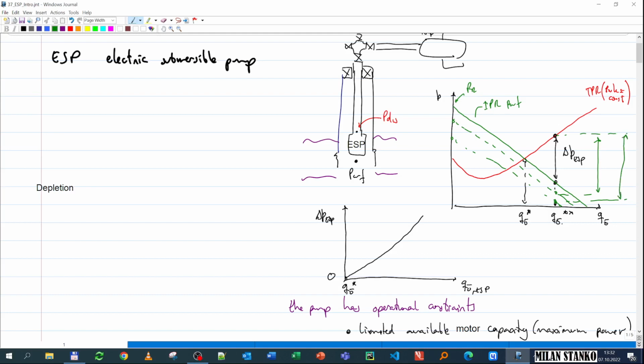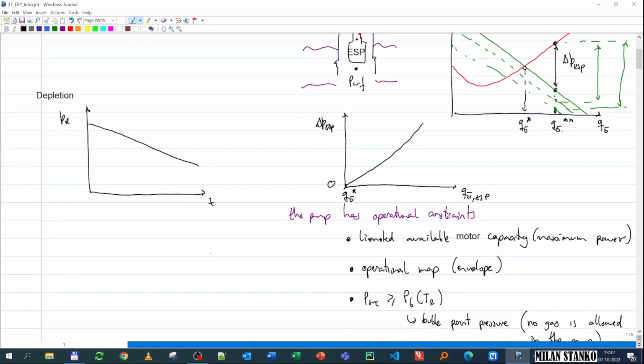Let's say simply we want to maintain the same rate, but then reservoir pressure is declining. So what you see with depletion typically is that if reservoir pressure is going down with time, then typically what I need from the pump, delta P from the pump versus the rate that I'm producing, let's say I'm always producing at a constant rate, is also typically going up.